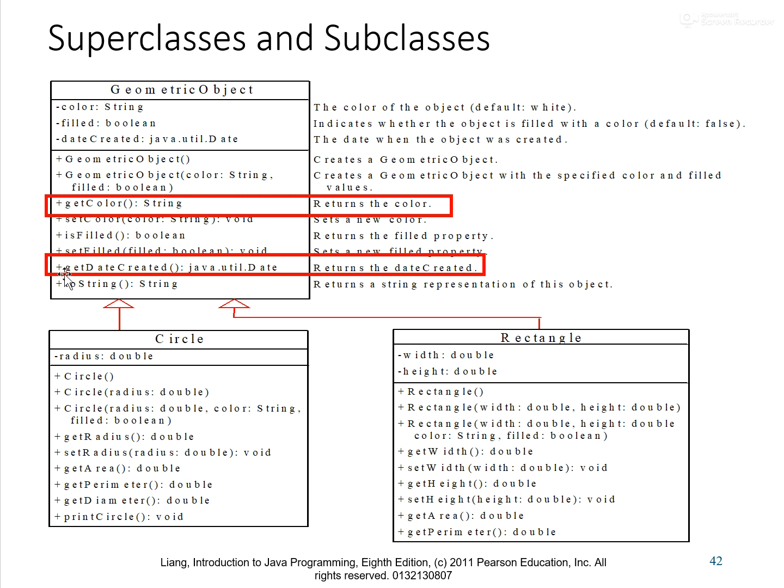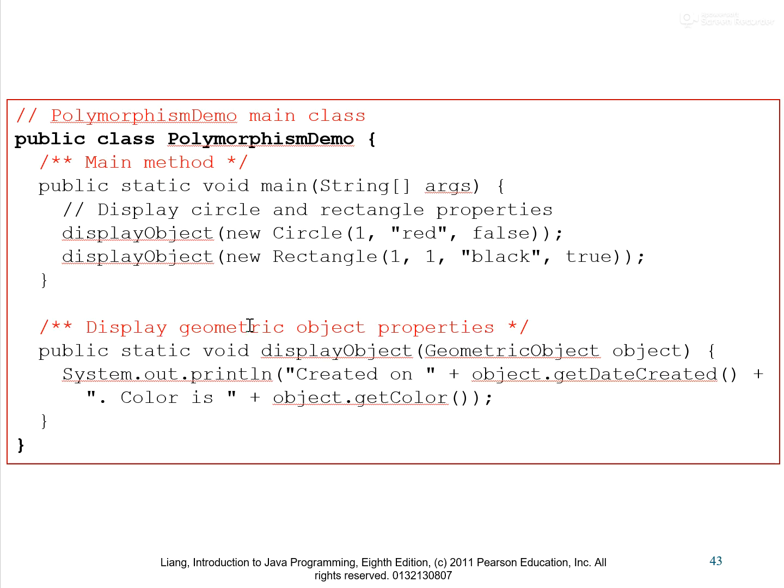I am also allowed to call the getDateCreated method for a circle or rectangle object, because these methods are inherited by these 2 subclasses.